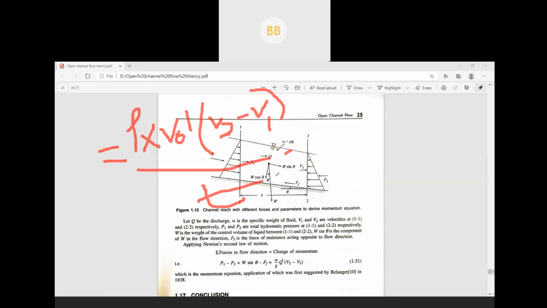Okay. So volume is nothing but your meter cube. The unit of volume is meter cube. And time, if we consider second, so meter cube per second, you can write.